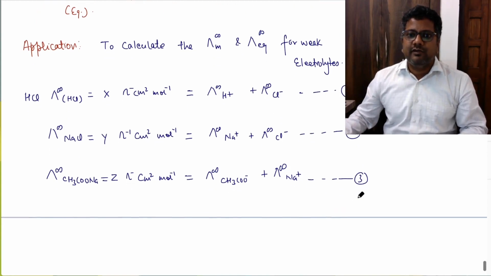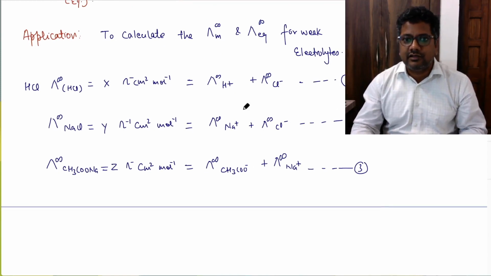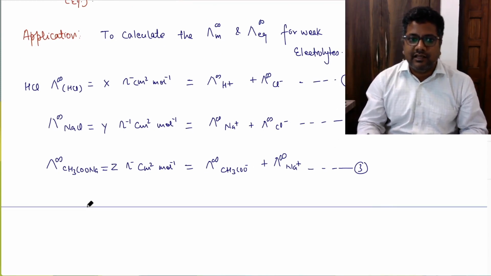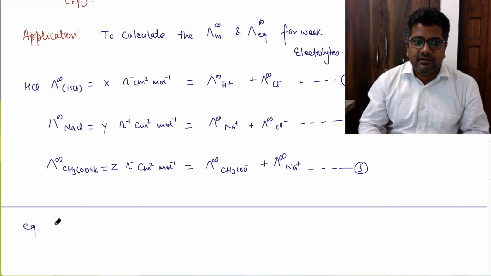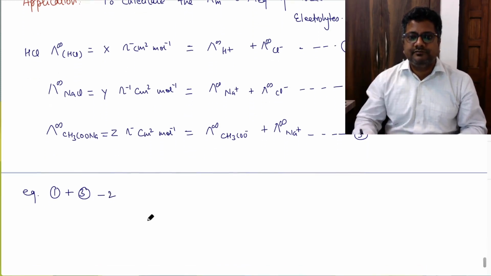Now see, if you manipulate this equation in such a way that you add 1 and 3, equation 1 plus 3 and minus 2, so what do you get?